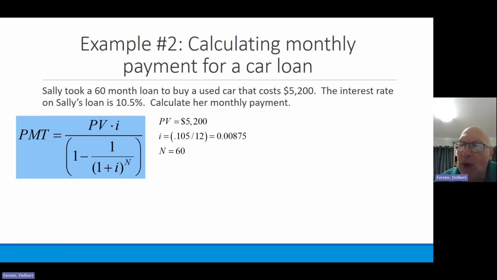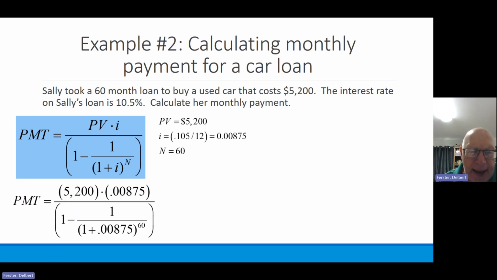The present value of the loan, the amount she's financing, is $5,200. As previously mentioned, that's interest for a month, because you're talking about this on monthly intervals. So you're going to take the 10.5%, which is 0.105, cut it by 12. So we're going to be using 0.00875. That would be the interest rate for each month. And we've got 60 months total.